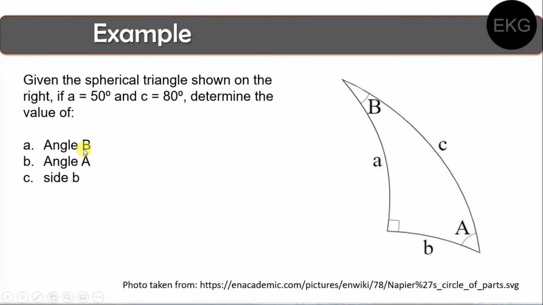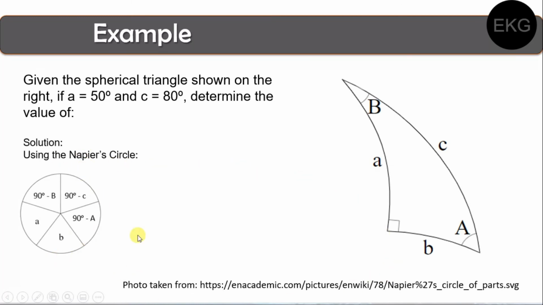Now, to solve for angle B, for our solution, using Napier circle, isolve na natin itong angle B. Pero take note, yung given sa atin is yung side A at side C. Saan ba yan dito sa Napier circle? Ito yung hinahanap. Ang given sa atin, side A at saka side C. So, kaano-ano ng 90 minus B itong dalawang given?